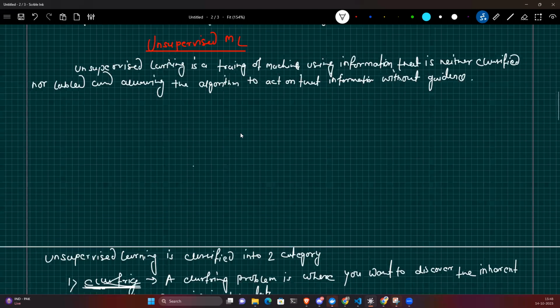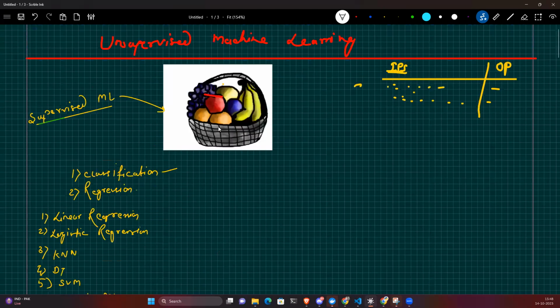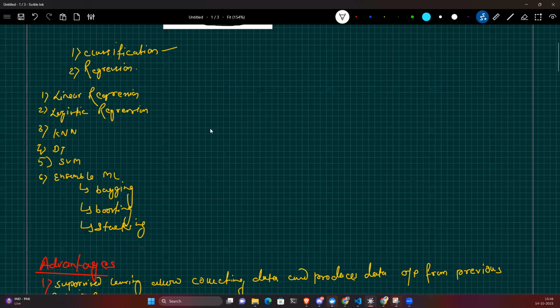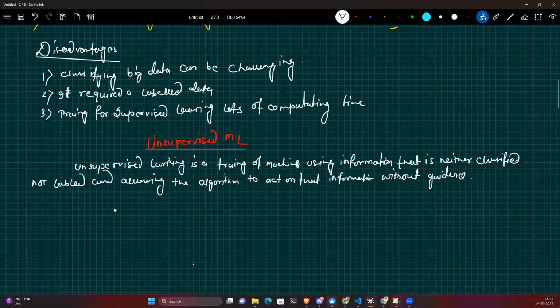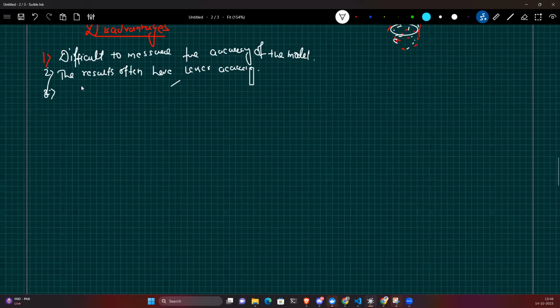You told that unsupervised machine learning also has some disadvantage related to data. Yes, it is. It's not mentioned here. I have not mentioned it, but yes, big data can't be handled by classical machine learning, you can say.